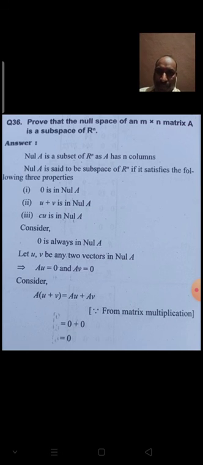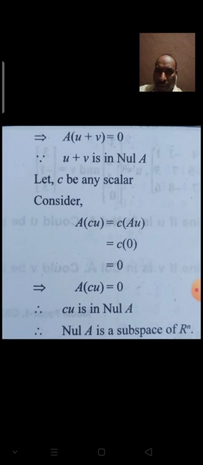Consider A times (u plus v) equals Au plus Av. Since, from matrix multiplication, Au is 0 plus Av is 0, 0 plus 0 is equal to 0. Therefore, A times (u plus v) equals 0.